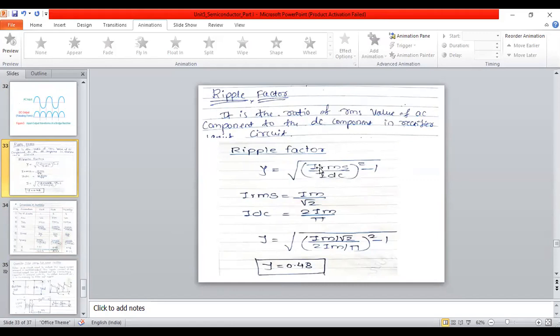In this equation we have derived the I RMS formula, I RMS equal to I_m by root 2, and I DC equal to 2 I_m by pi. We have to substitute here.